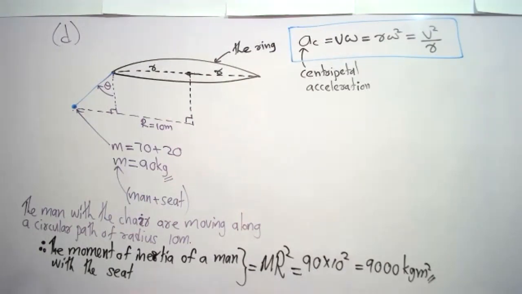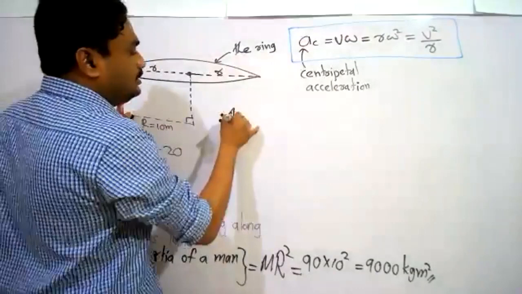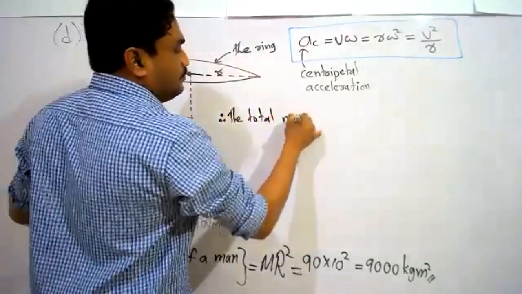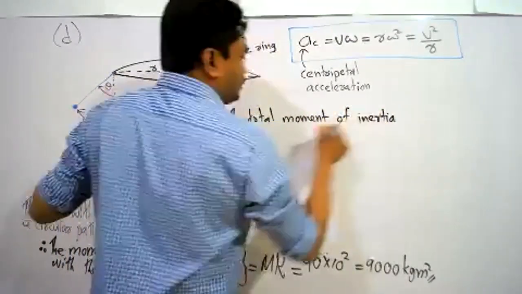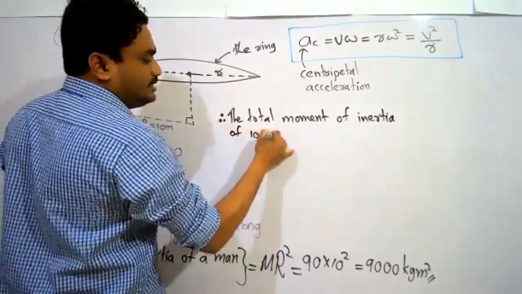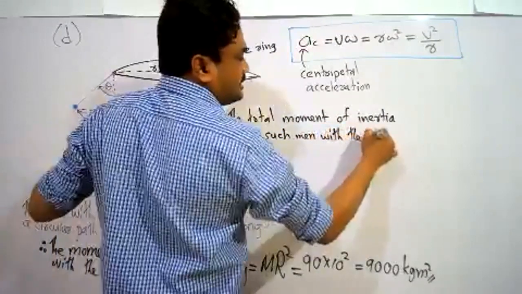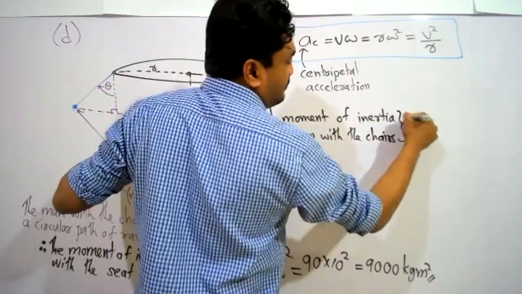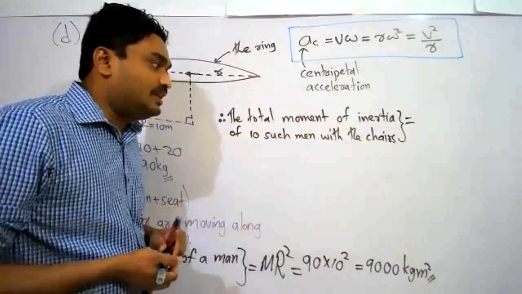I did not ask you to do the rest of the calculations. I'm so sorry, I forgot to ask you to do the rest of the calculations. Okay, whatever, now I'll do it. Therefore, the total moment of inertia of 10 such men with the chairs.